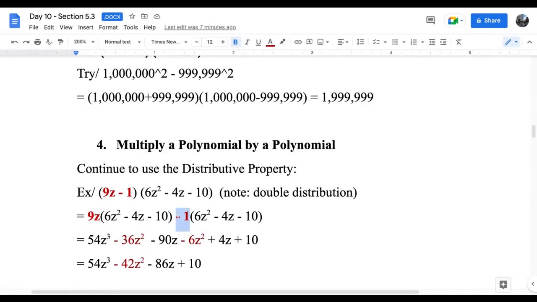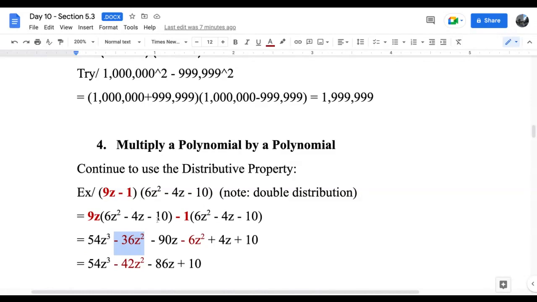We distribute -1. Then we just multiply 9z to 6z². We get 54z³. 9z minus 4z. Well, -4 times 9, -36. z times z².